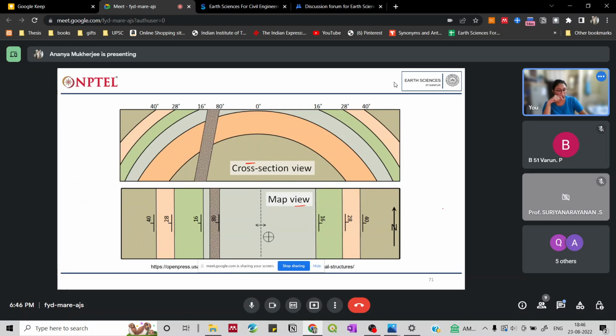Suppose you are walking on top of the surface in this direction, and you encounter these different beds, say bed 1, 2, 3, 4, then a fifth one, then you see that the third one is repeating again, and then the second one, and then the top one and the first one.